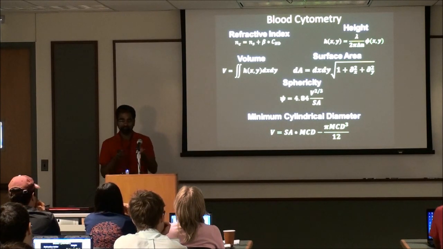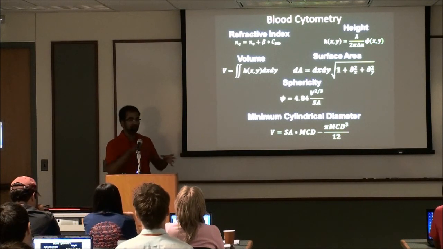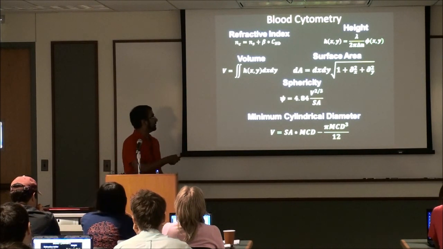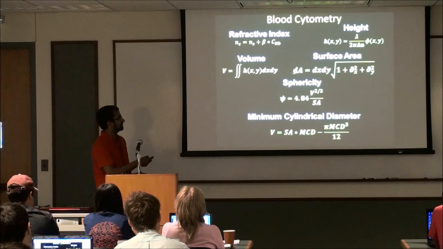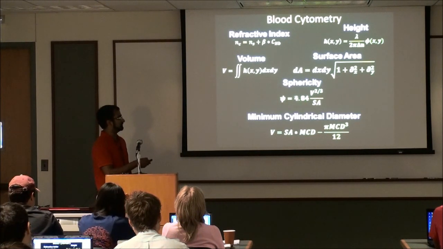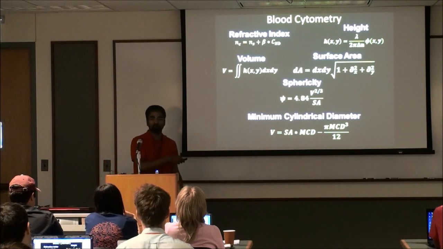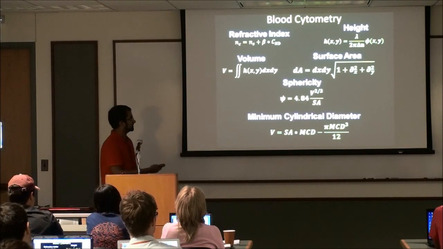Like I mentioned in the beginning, we have all these weird shapes. So one thing that can give information is the sphericity, which looks at the ratio of the volume and surface area, and on a scale from 0 to 1 tells you how spherical the cell is.